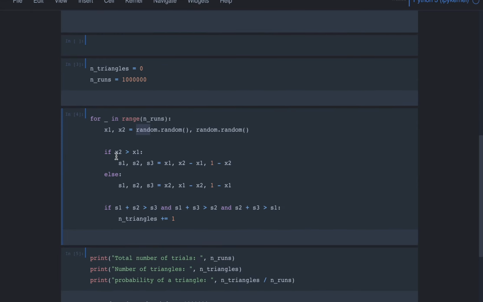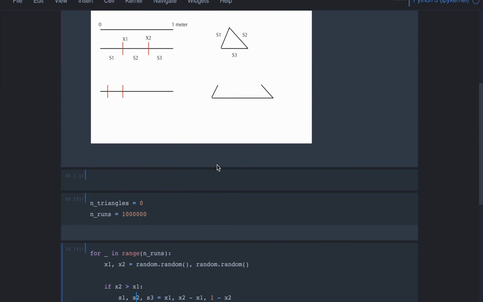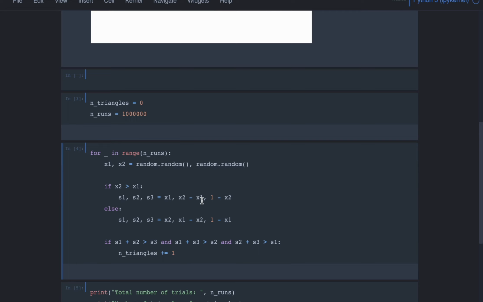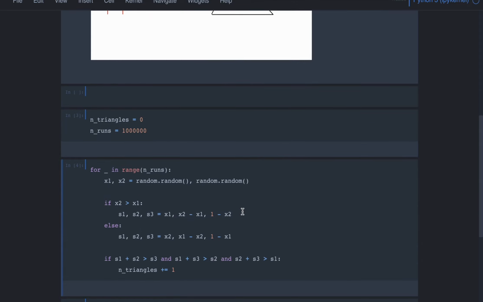So if x2 is greater than x1, the length of the first segment S1 is x1, the length of the second segment S2 is x2 minus x1, and the length of the final segment S3 is 1 minus x2, which is what we have here.